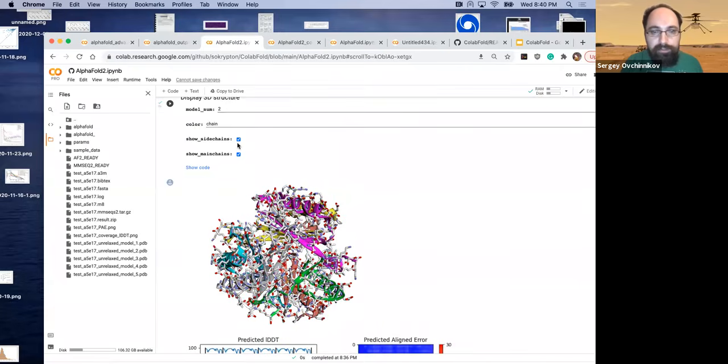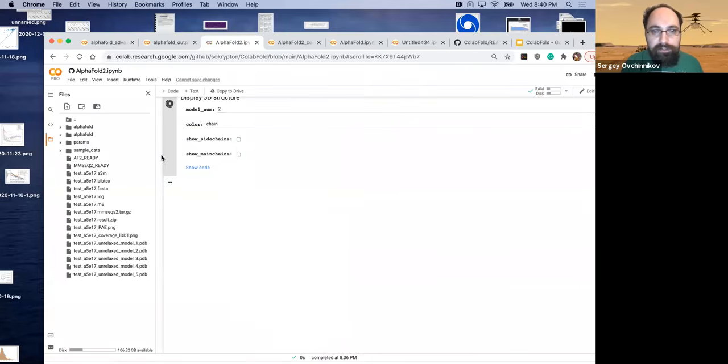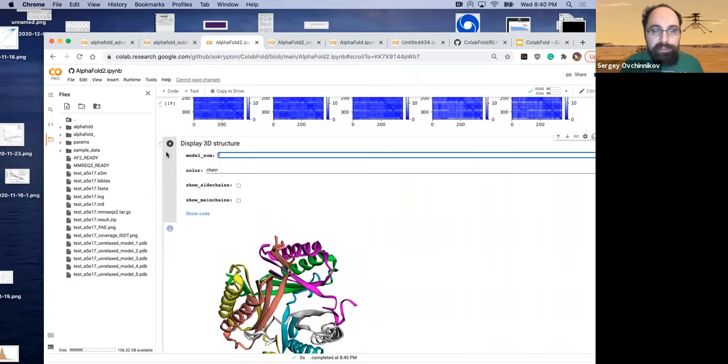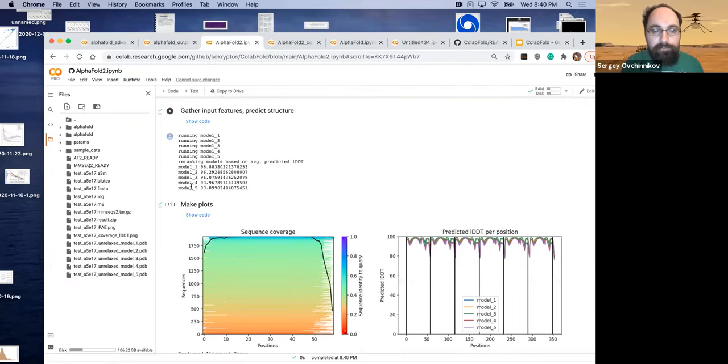So all the chains here, let me just hide the side chains and the main chains too. And let's just switch back to model 1, because that's the most confident one. What's happening here is it'll tell you these are the 5 models, and this is the average predicted LDDT.